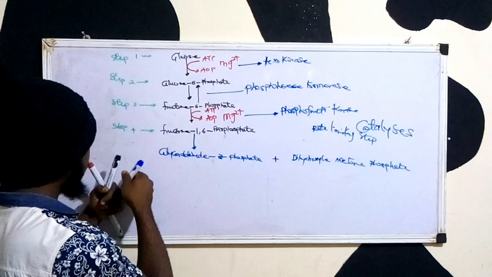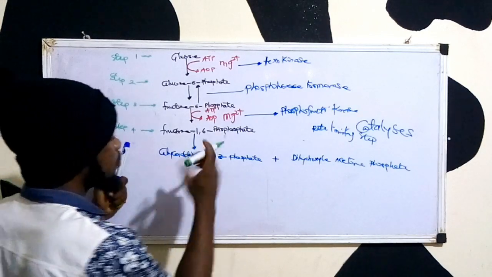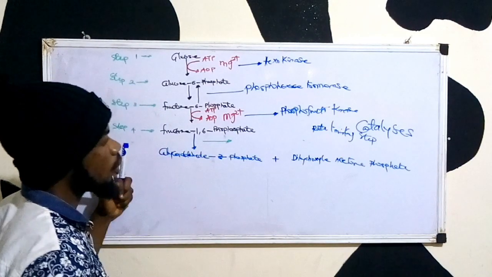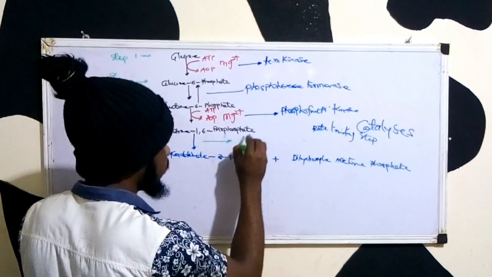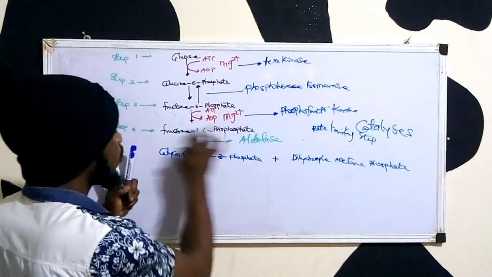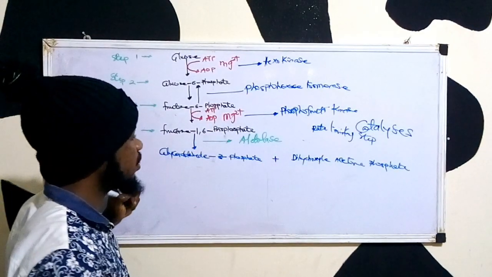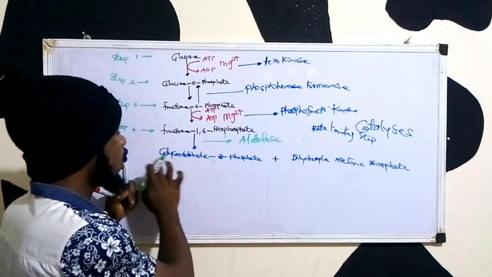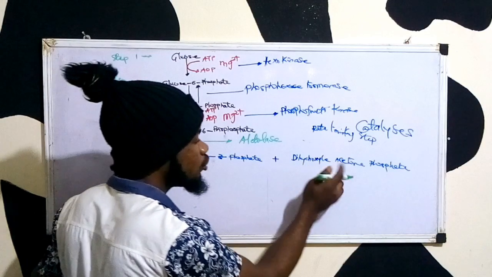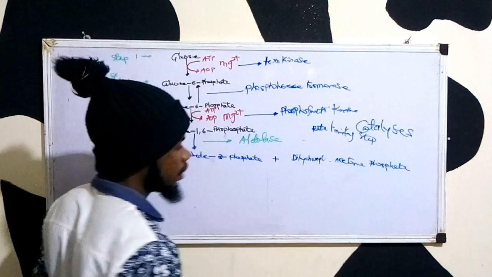This occurs under an enzyme called aldolase. Aldolase converts fructose 1,6-bisphosphate to glyceraldehyde 3-phosphate and dihydroxyacetone phosphate.